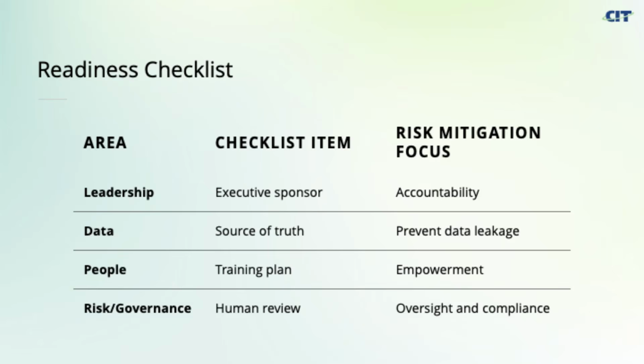That prevents data leakage. People. Create a basic training plan focused on prompting skills and appropriate use. Clarify AI's role as supporting, not replacing. Finally, risk and governance. Require human review, which we call the human in the loop step, before sensitive outputs, like customer replies or final policies, are published or acted upon.